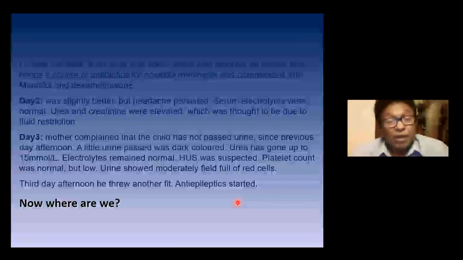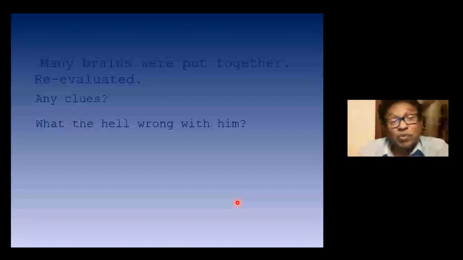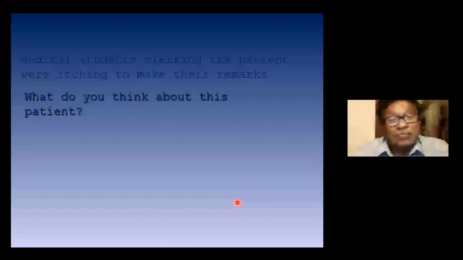Right. All right. So Thursday afternoon, he threw another fit. Anti-epileptics were started. So now where are we? Many brains were put together to re-evaluate and look for any clues, because people did not know what was going on, as the child did not have any fever. Medical students clerking the patients were itching to make remarks.